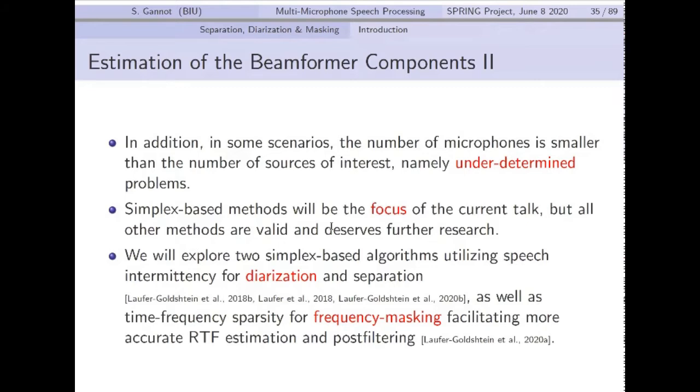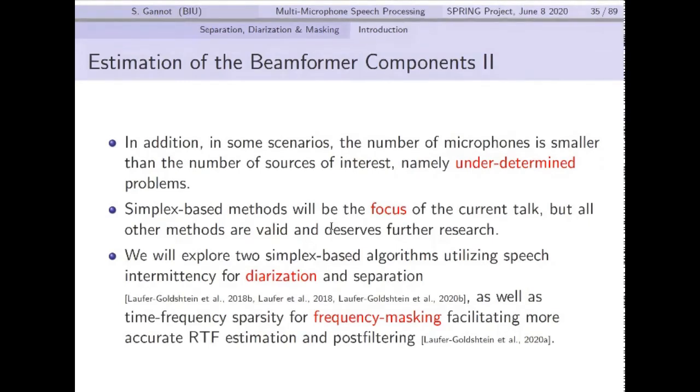Here we focus on the simplex-based analysis that we are using. We use it both for diarization and separation. Sometimes if one speaker is speaking alone, we do not need to separate, but just to extract the specific speaker from the audio stream. On top of it, we will use time-frequency masking.